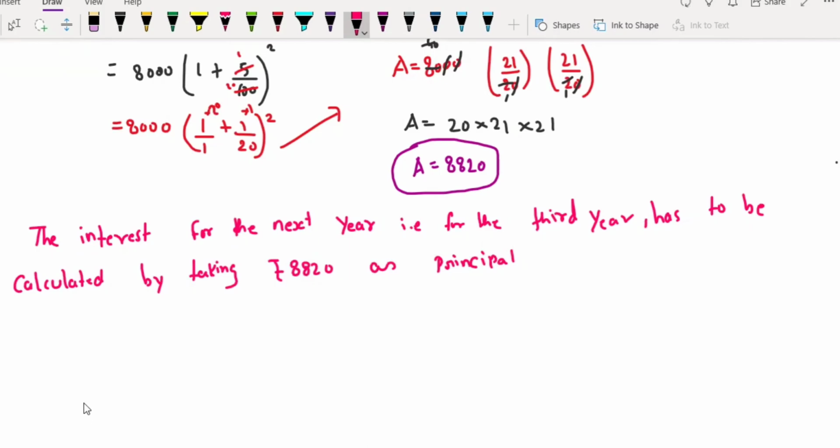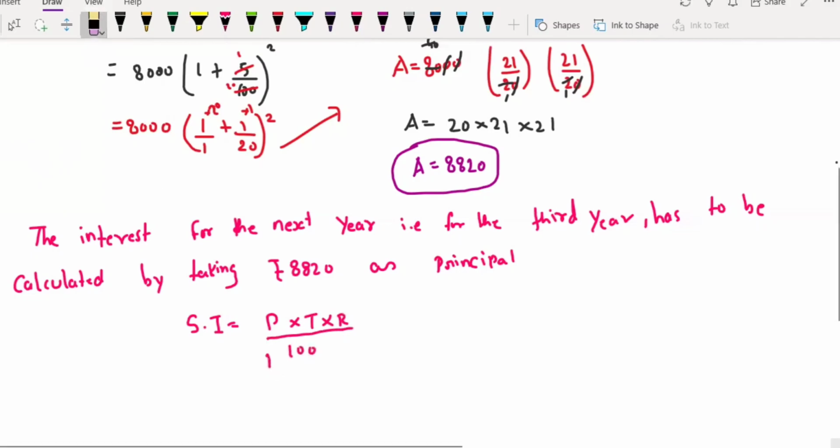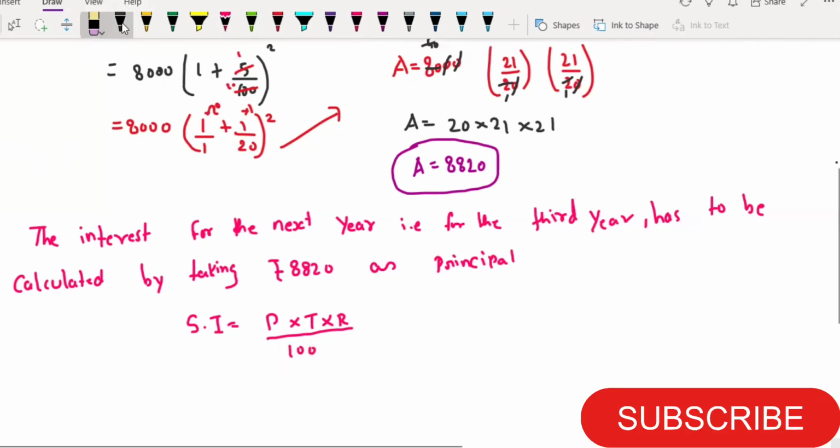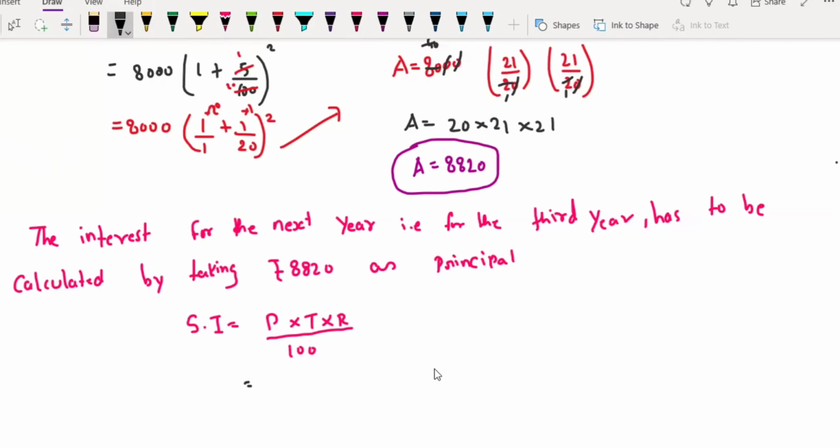So let us calculate the interest. That is, simple interest is equal to principal into time into rate of interest divided by 100. Let us substitute the values. We are very well aware of the values. Principal is equal to what? Just now we wrote a big sentence for the principal, so principal is 8,820.